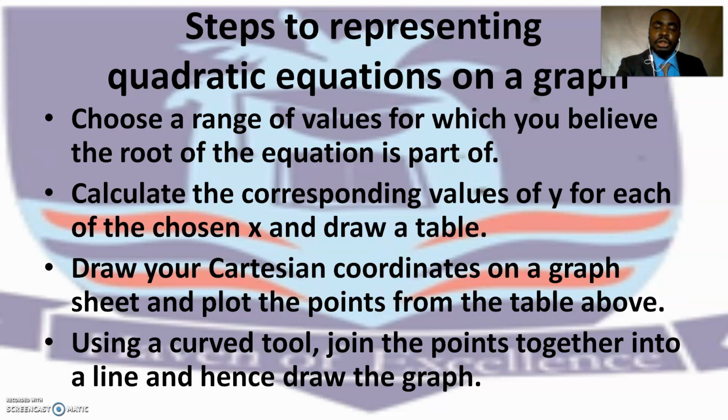For example, if the roots of your equation are 1 and 3, and you plot your graph from 7 to 10, you are not going to be able to find the roots of that equation using that graph, except you plot a graph that includes 1 and 3. So it's always best before you start drawing your table to find out any value that is close.